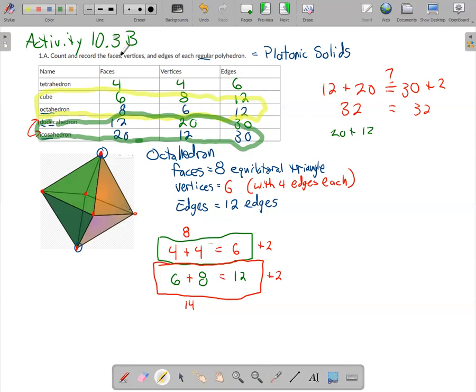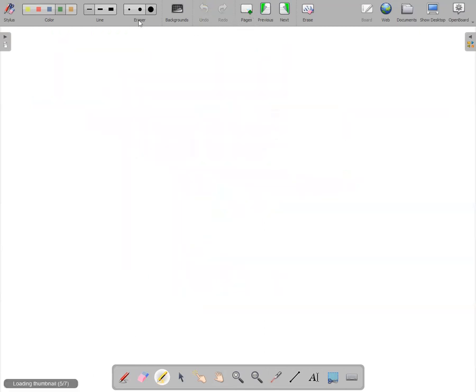So one relationship is the arithmetic relationship between the faces, vertices, and edges of these shapes. And the other, sneak a new page in here, is the idea of what's called a dual solid. Oops, if I could spell dual, there we go. And the dual solid is related to the relationship between the faces and the vertices.